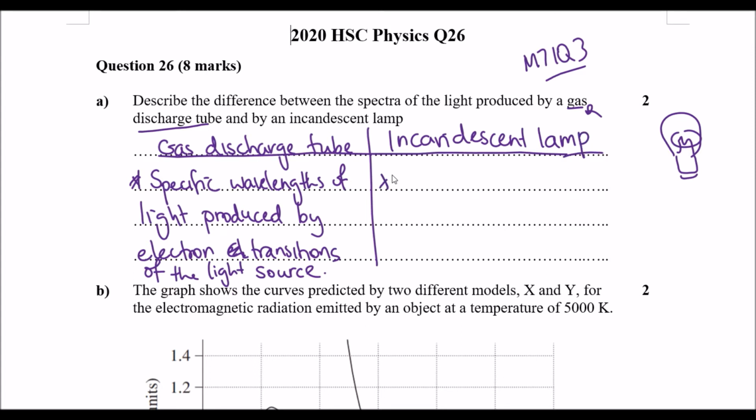So this one, the light is produced by heating up a metal filament. And what we actually know is if we produce electromagnetic waves that give us the sense of heat, that means the wavelengths produced are more favoring towards the red wavelengths of light and even infrared light.